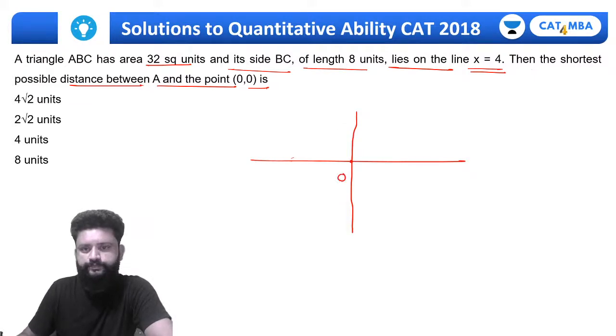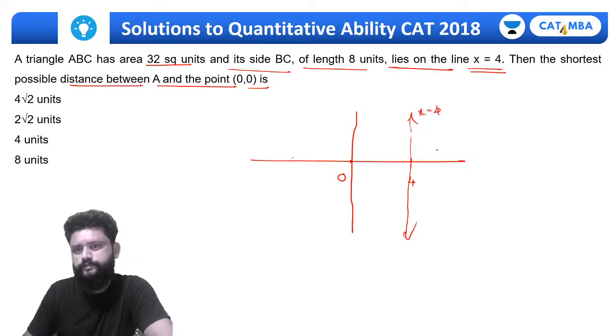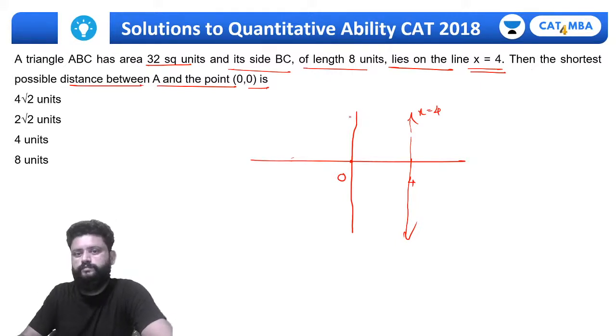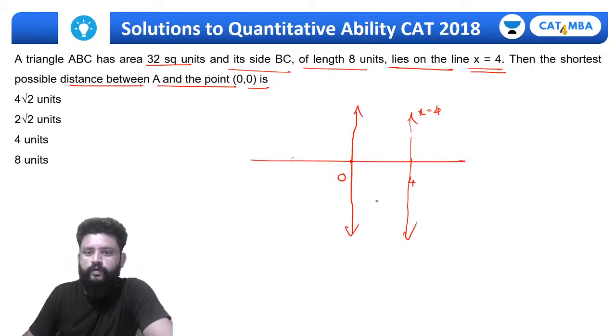Here it is 0, and we know x equal to 4, so this is 4. The line is parallel to the y-axis.